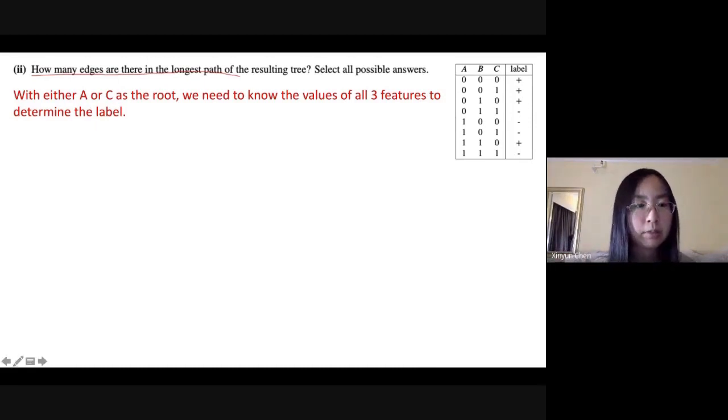We already know that if we know the values of all these features, definitely we will know the label of a certain data point. Then by asking about the number of edges, it is more about whether we could determine the label by knowing a small number of features.